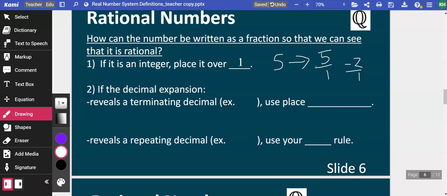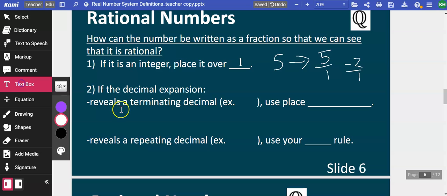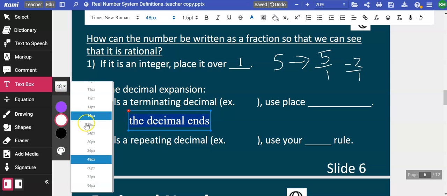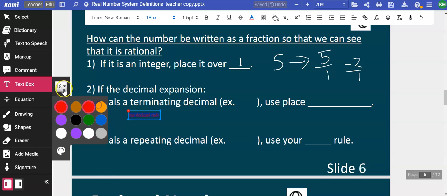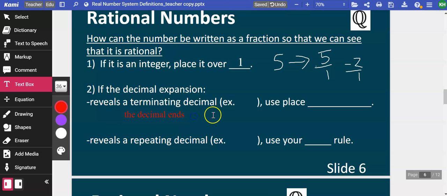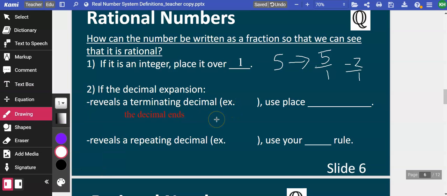So there's another example. All right, if the decimal expansion reveals a terminating decimal, remember terminating means that the decimal ends. So terminating means that the decimal ends. So for example, 0.4, okay?